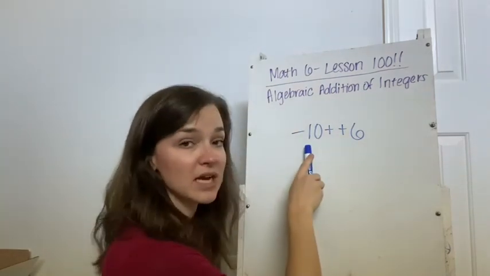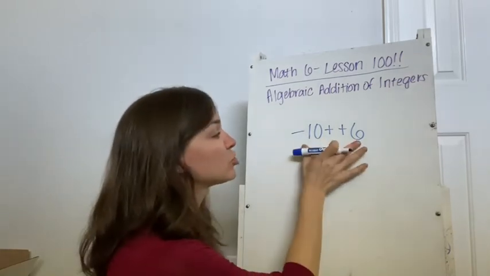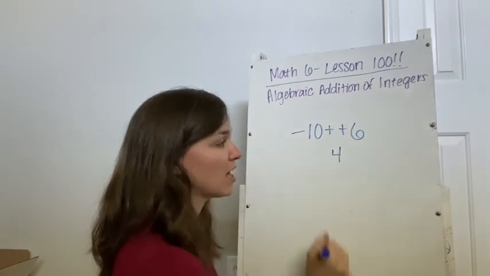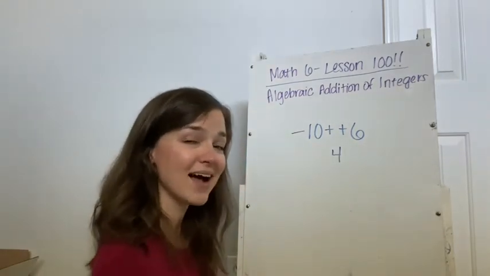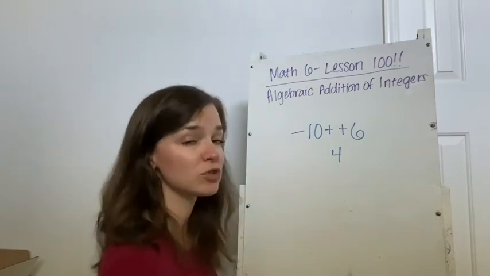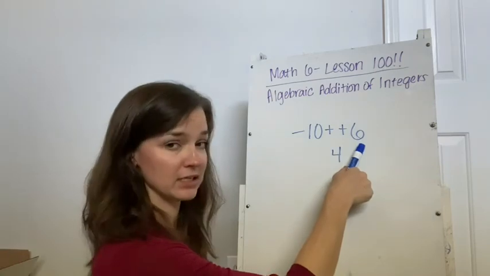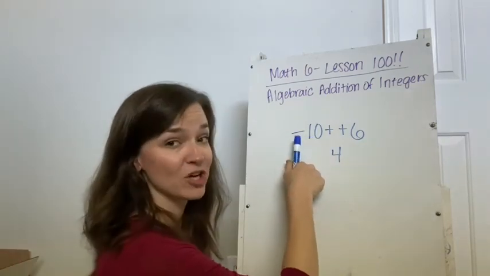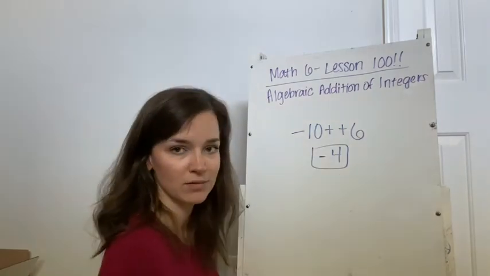Are these the same signs or different? They are different. So we subtract the values, which 10 minus 6 gives me 4. But remember, to find the sign, the rule is when you subtract, you take the sign of the bigger number. 10 is bigger than 6, and the 10 is negative. So my answer is going to be negative 4.